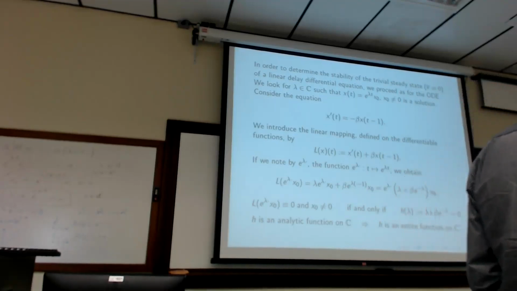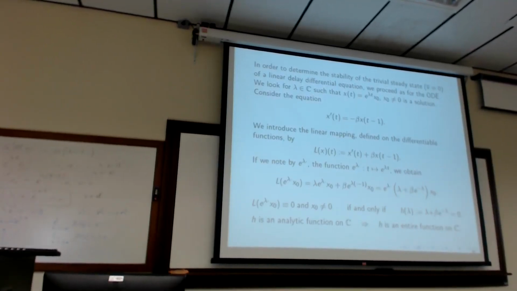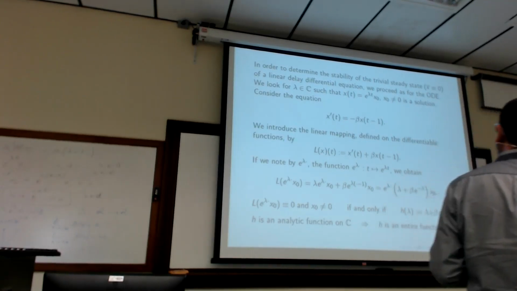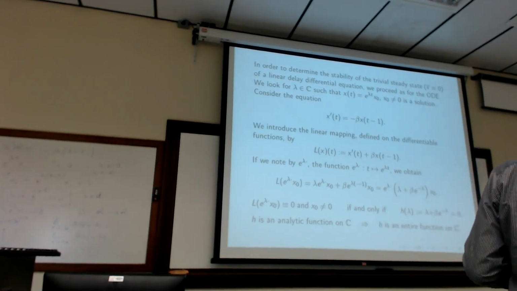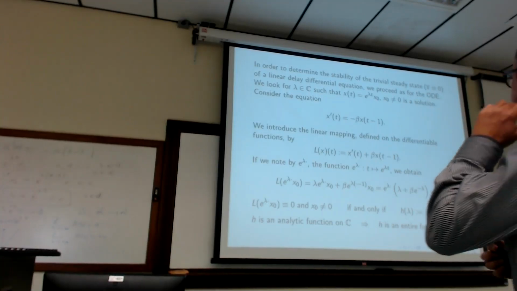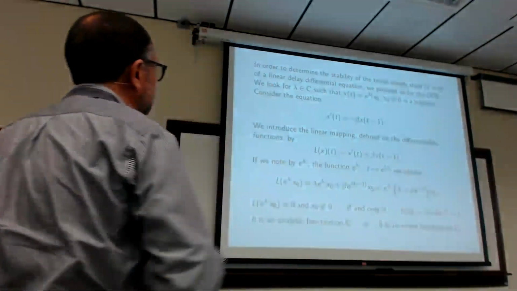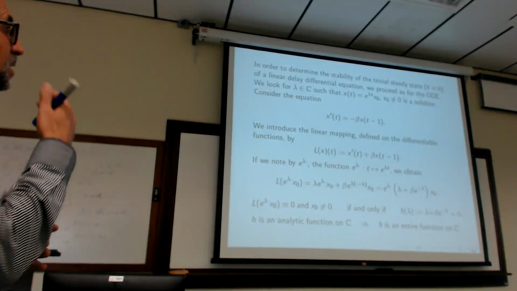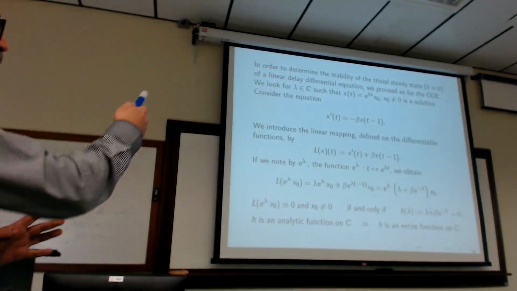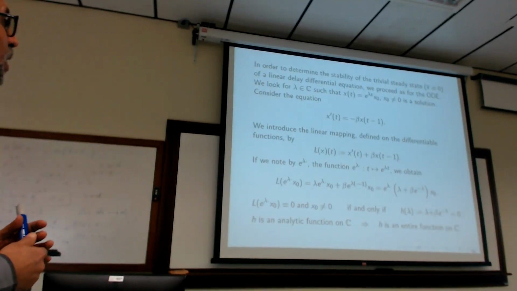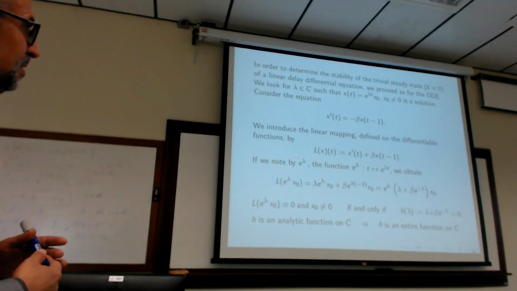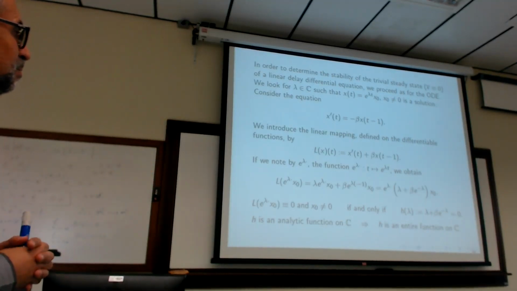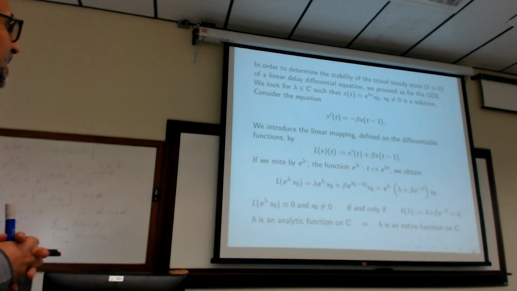In order to determine the stability of the trivial steady state of a linear delay equation, I will do as for an ordinary differential equation. That means we look for lambda for exponential solutions. Then we introduce this linear mapping, because I want to do more than that.